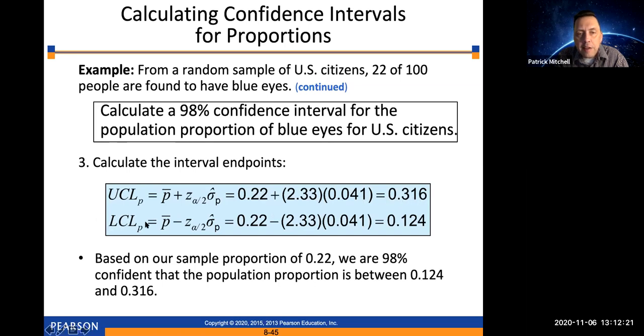The lower confidence limit, we take p bar and subtract that same quantity, the margin of error, and that comes out to 0.124. So what that means is that based on our sample proportion of 0.22, we are 98% confident that the population proportion of people with blue eyes is between 0.124 and 0.316. So somewhere between 12.4% and 31.6% of the population probably has blue eyes.